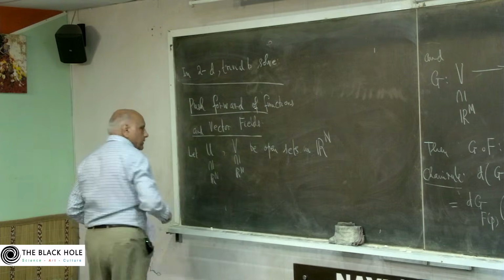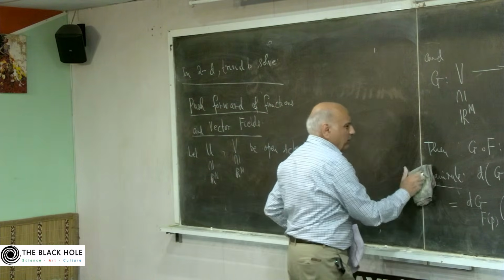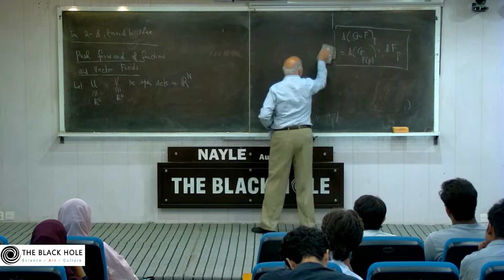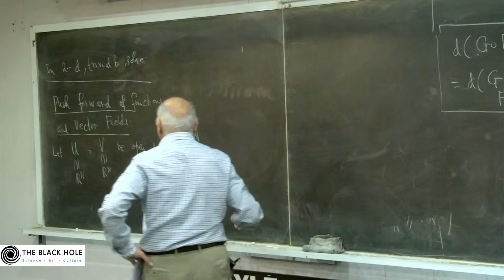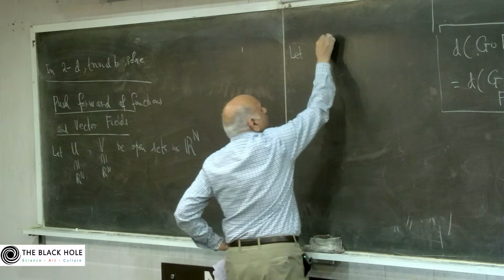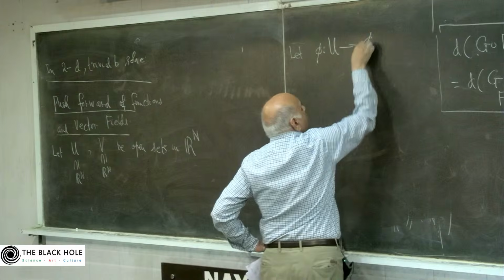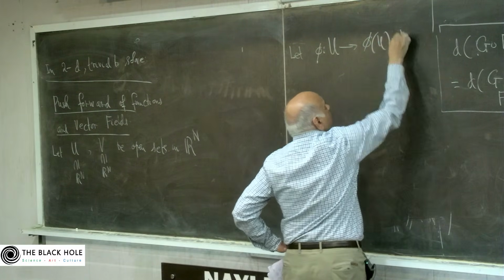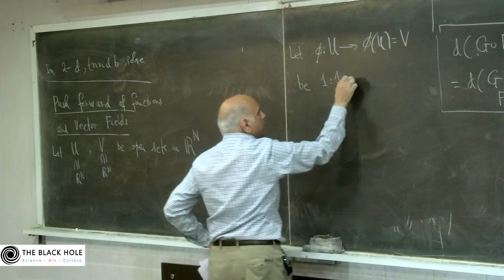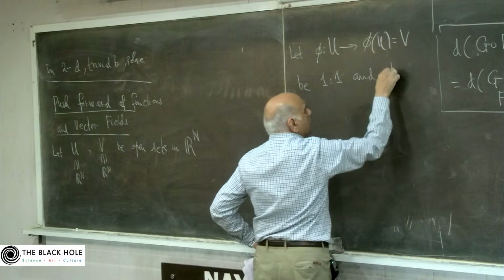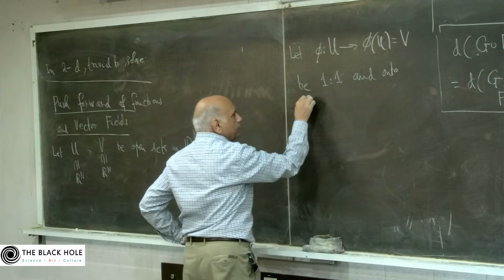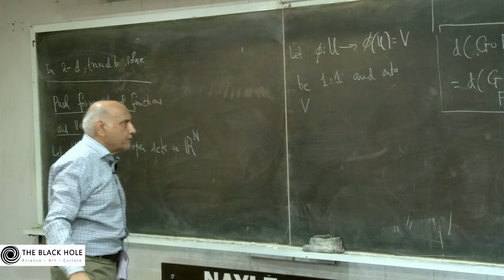Okay, let phi from U to its image be one to one and onto, and of course differentiable, because throughout we are talking about differentiable functions.